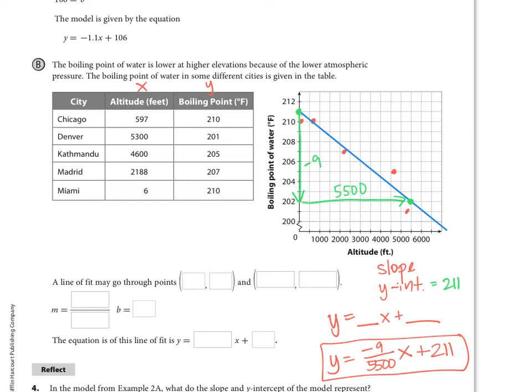Like I could ask, can you predict what the boiling point of water is at an altitude of 3,000 feet? If Elk Grove was at an altitude of 3,000 feet, which it's not, I can look at this line of fit and see that we would have to boil water at 206 degrees Fahrenheit.